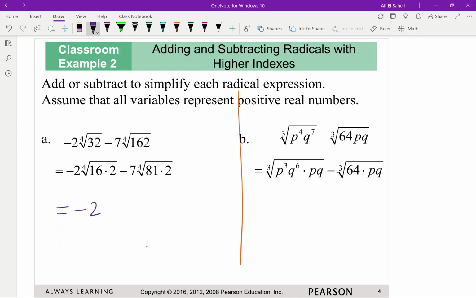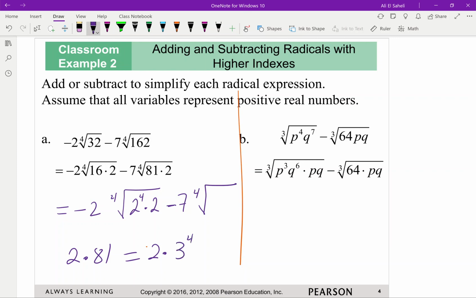Minus 2, the fourth root of 2 to the power 4 times 2, minus 7, the fourth root of 162. 162 is 2 times 81, and 81 is 9 times 9, and each 9 is 3 squared, so this is 3 to the power 4. Again, we needed the 4 because of the index. So this is 2 times 3 to the power 4.